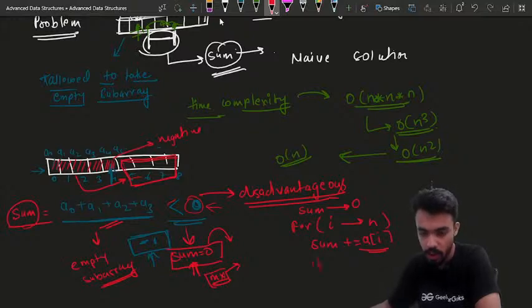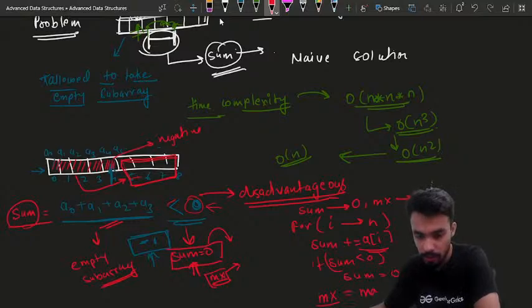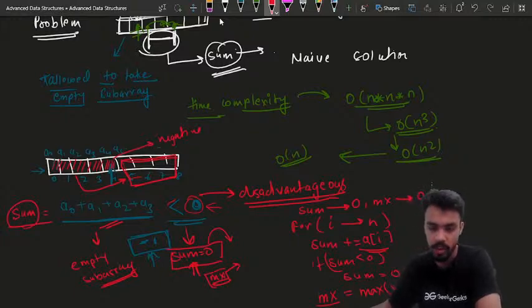If at any point this sum becomes less than 0, we take the empty subarray, that means we make the sum 0. And we have this maximum variable mx, which we have already declared earlier, and we always compare it with this sum to get the maximum value.